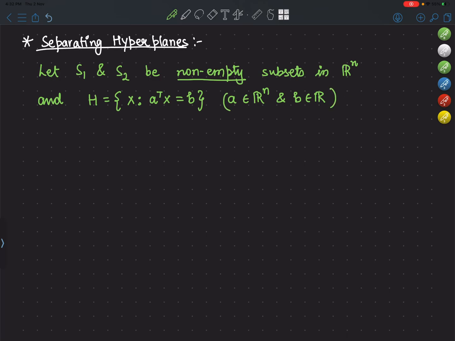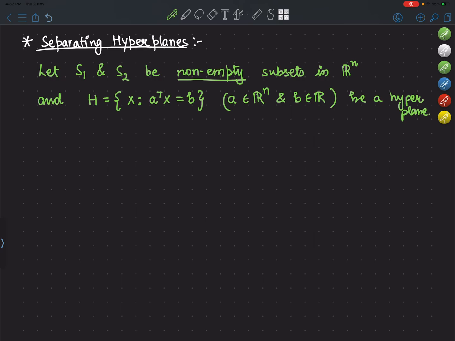I hope we discussed hyperplanes in the previous lecture. So these are the equations of the hyperplane.